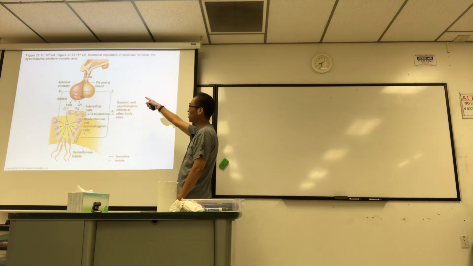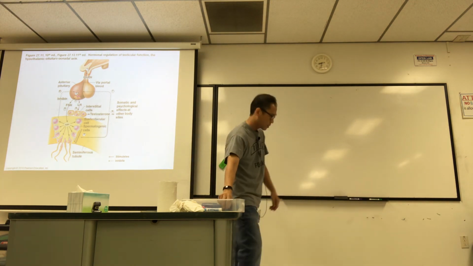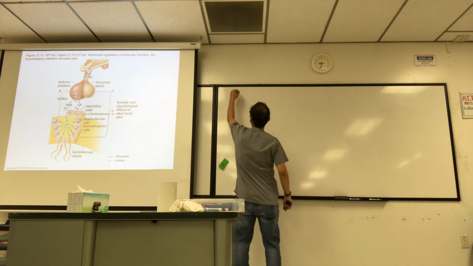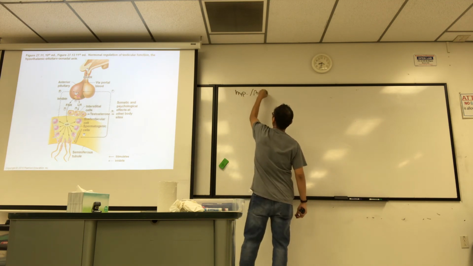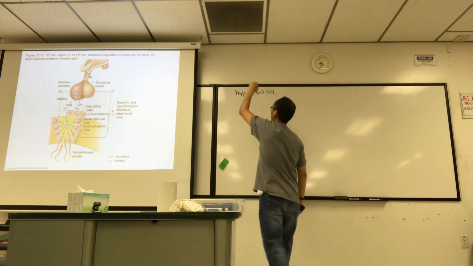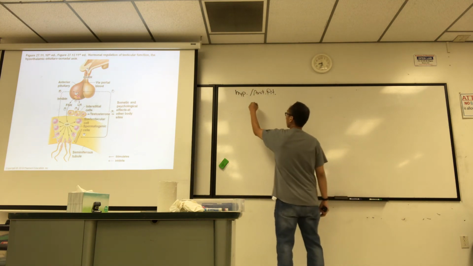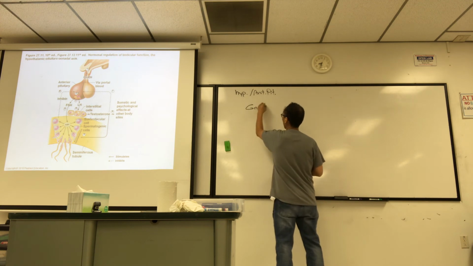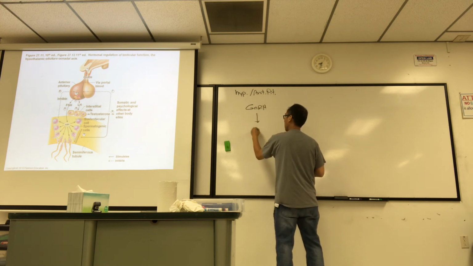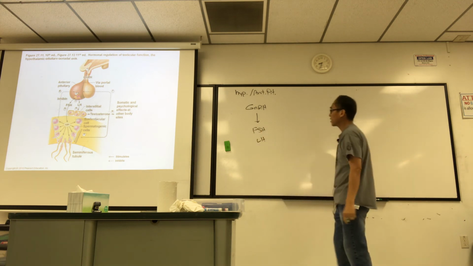So let's look at this. It's the same hormones. Hypothalamus and pituitary. Make a column for that. So you've got your GnRH, FSH, LH, the gonadotropins from the pituitary.